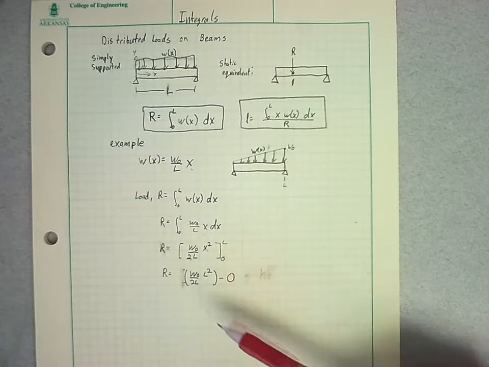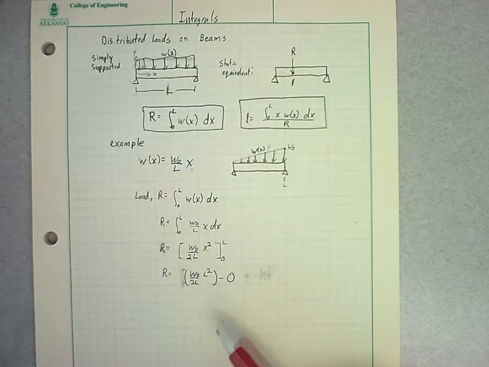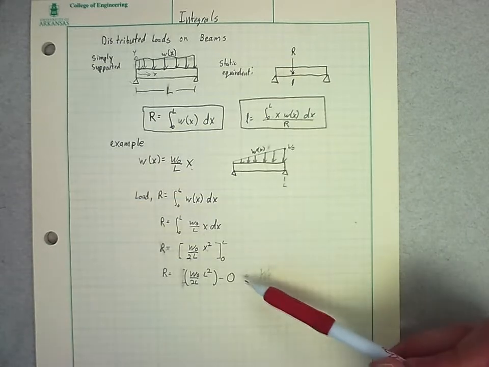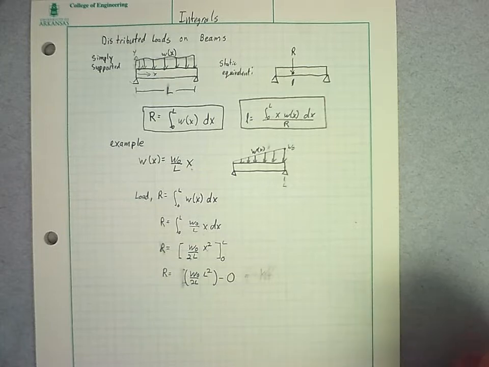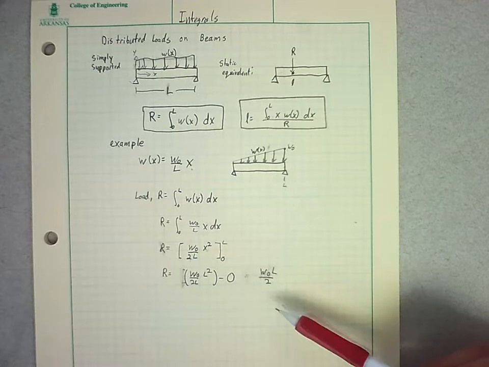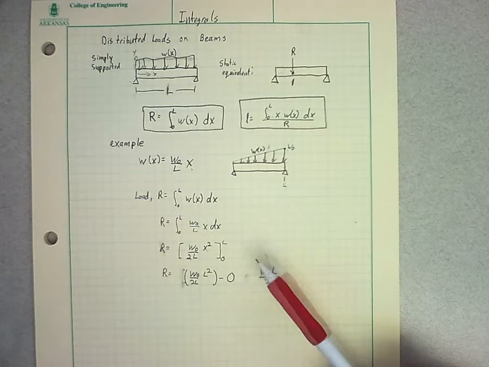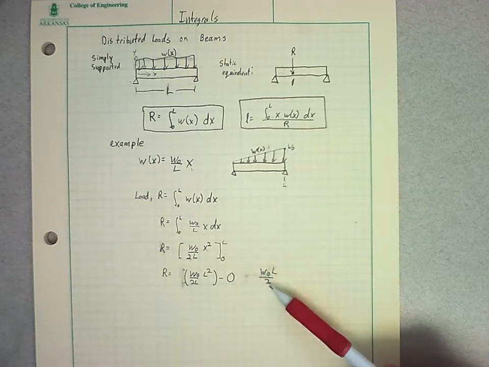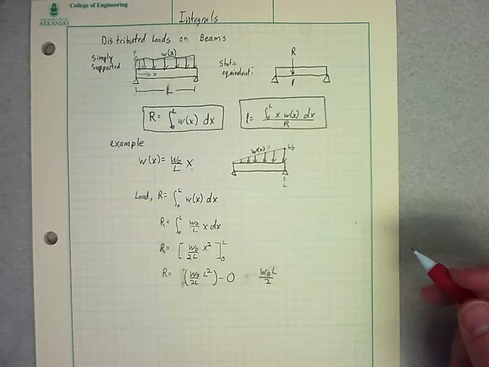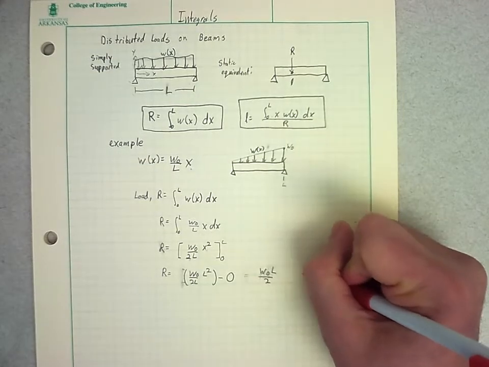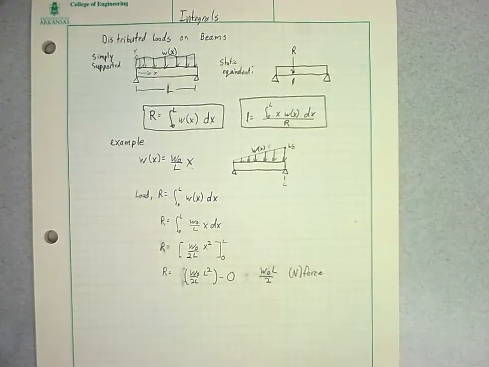Again, when you plug in 0, we get 0, a very common thing to happen when you're integrating polynomials. So that goes away. We simplify and get that the total equivalent load is the length times our W0, which is our coefficient there, divided by 2. And remember, this is a force, so it's in newtons. It's a good idea to keep up with the units of things. It'll help things make sense later.